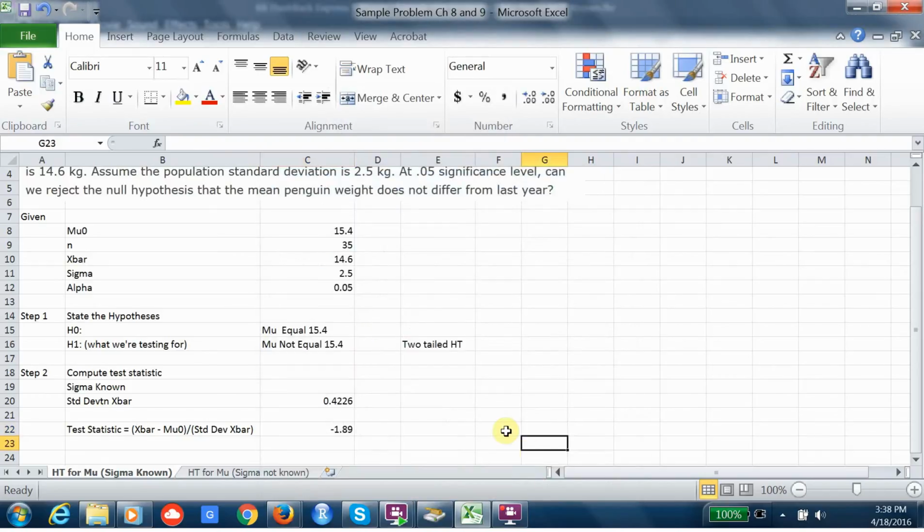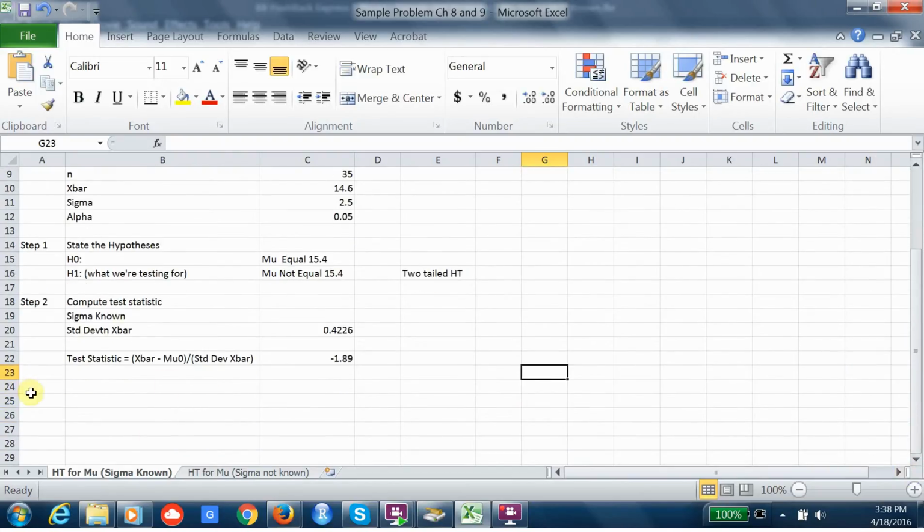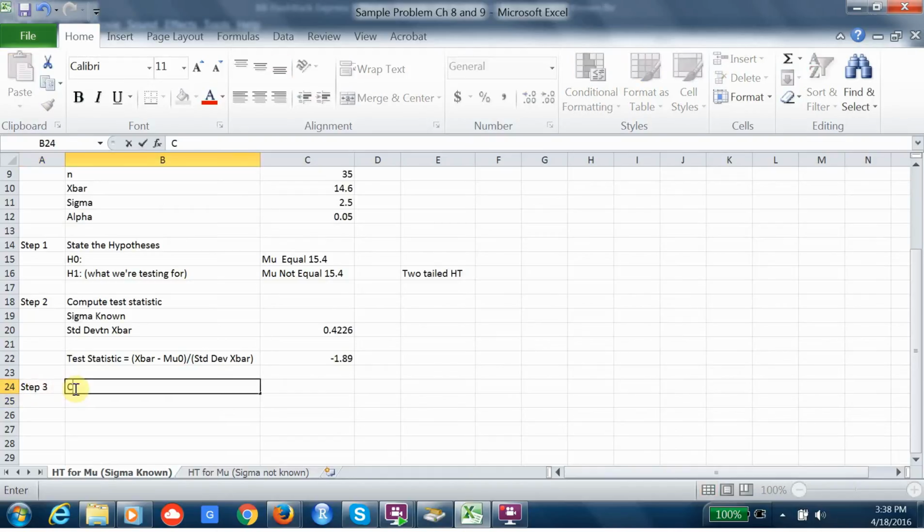There we go. Okay, the third step is I'm going to compute the p-value. Now I have to know the distribution that x bar comes from. And really what I'm doing is, this is like the percentile that the data value is in, but I have to know the distribution.